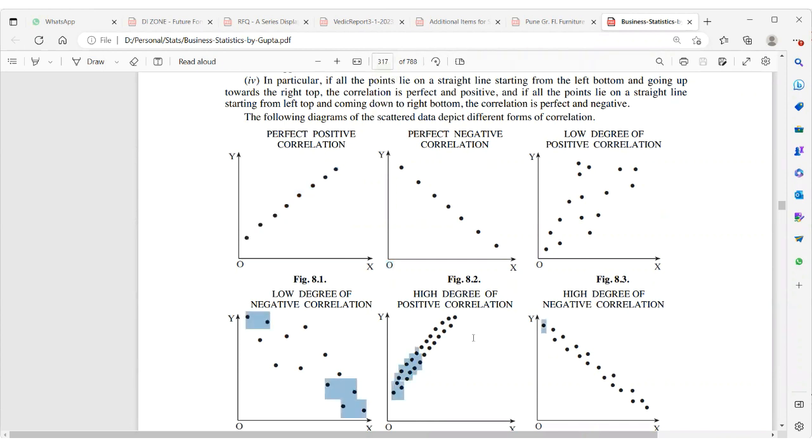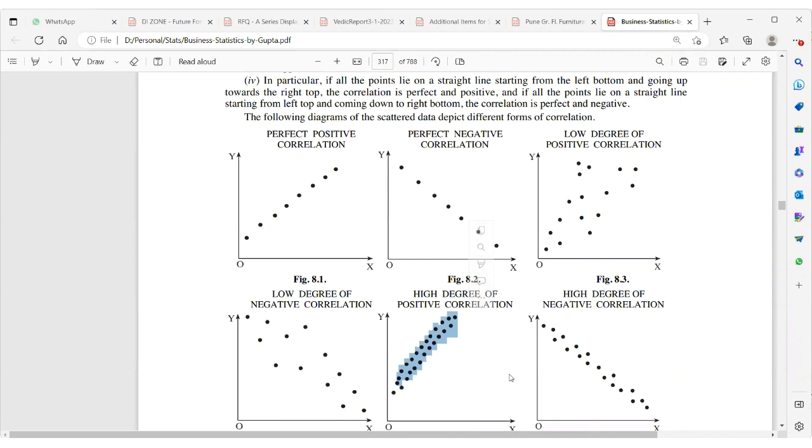Now look at this graph. What happened to these points? If we draw an imaginary straight line, and all these points come very close to that straight line, we call it a high degree positive correlation.